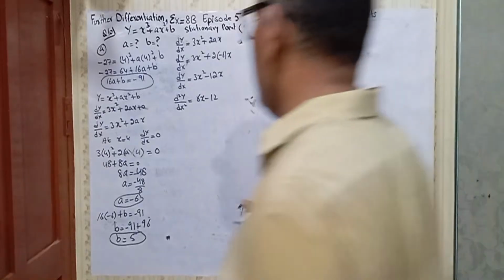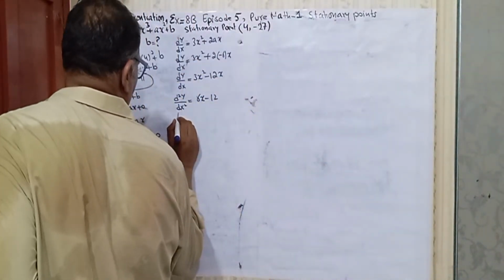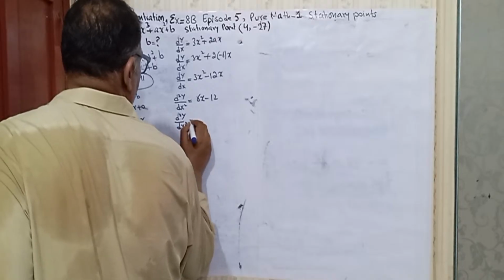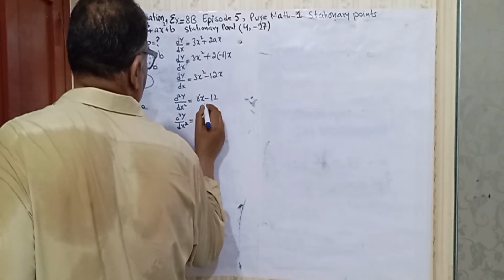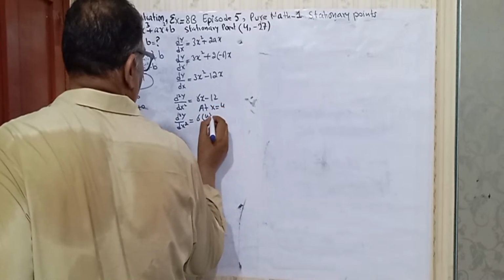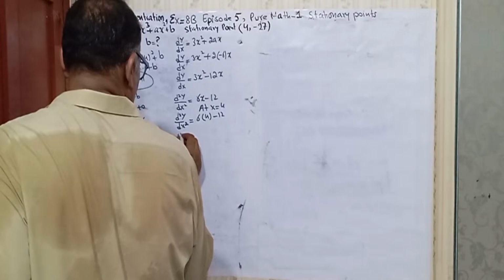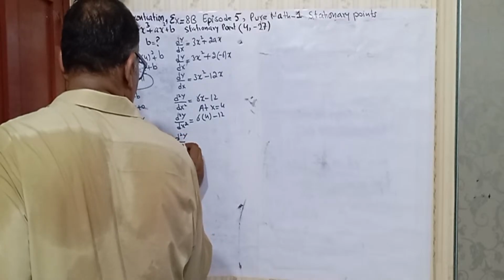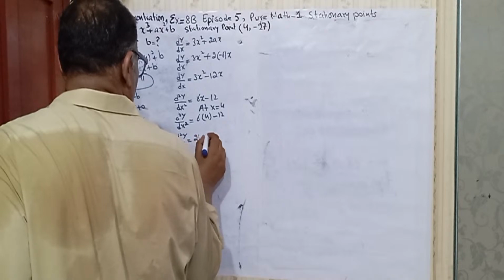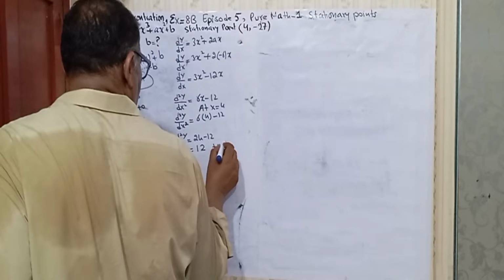So d squared y by dx squared at x equals 4 is 6 into 4 minus 12, which is 24 minus 12, equal to 12, which is a positive number.